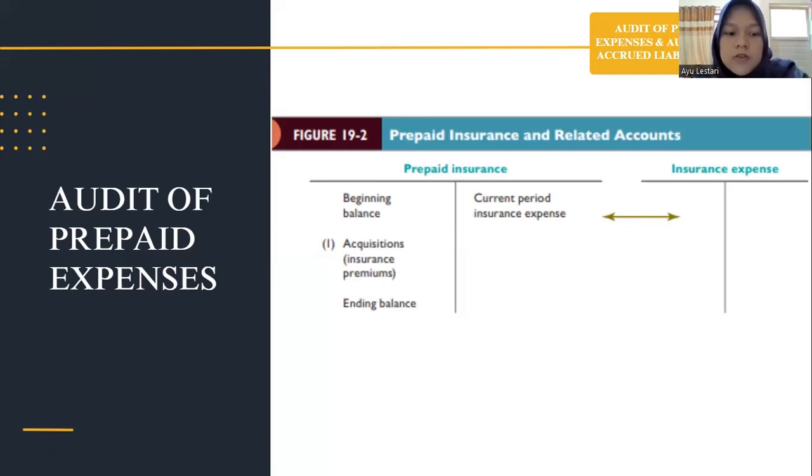The payment of insurance premiums has already been partially tested by means of the tests of controls and substantive tests of acquisition and cash disbursement transactions.